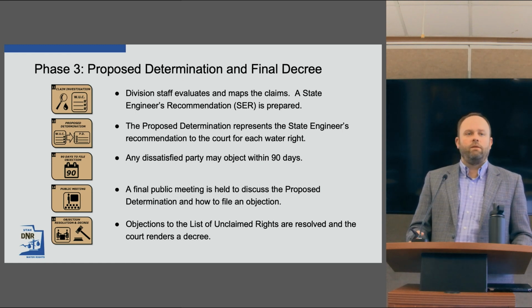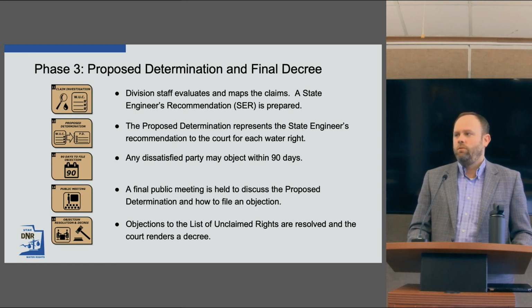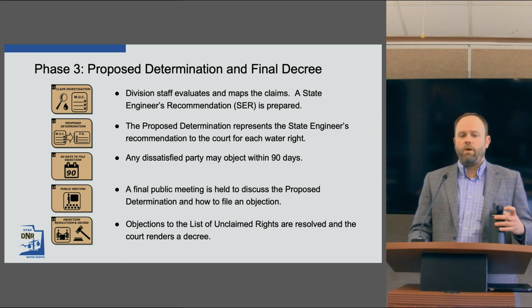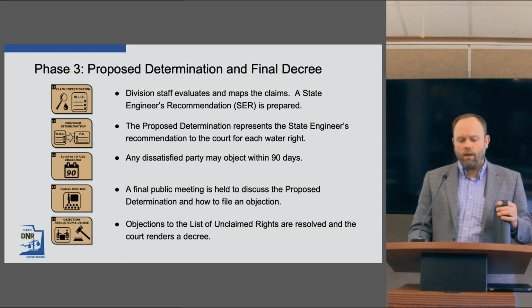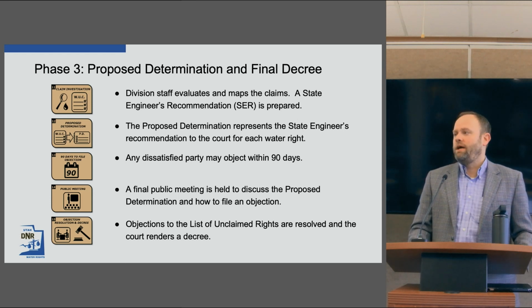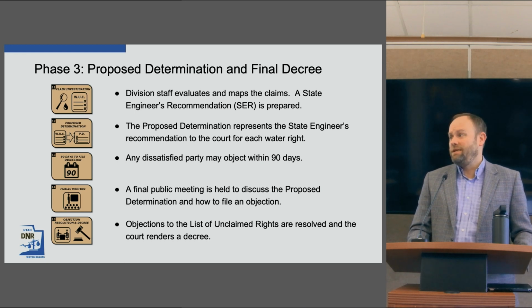We abbreviate that as SER, and we also prepare a memo that is placed on the file. And the memo and the SER are both mailed out to the water user and the claimant. And that SER is a preliminary indication of the state engineer's intentions in the proposed determination.